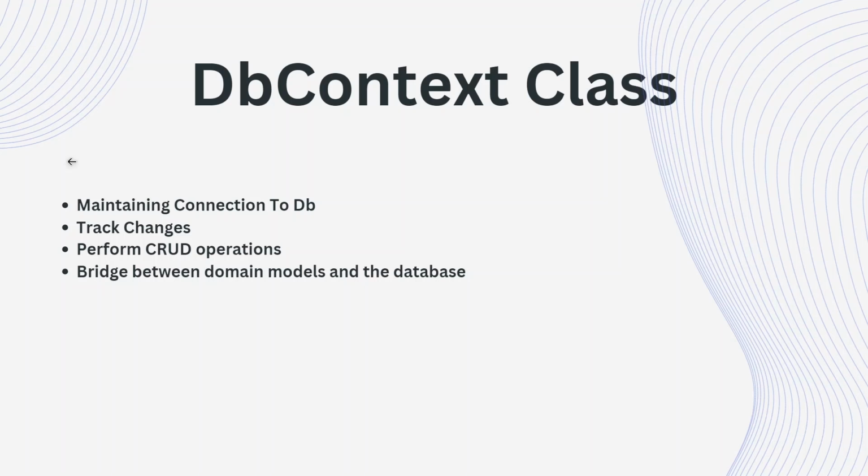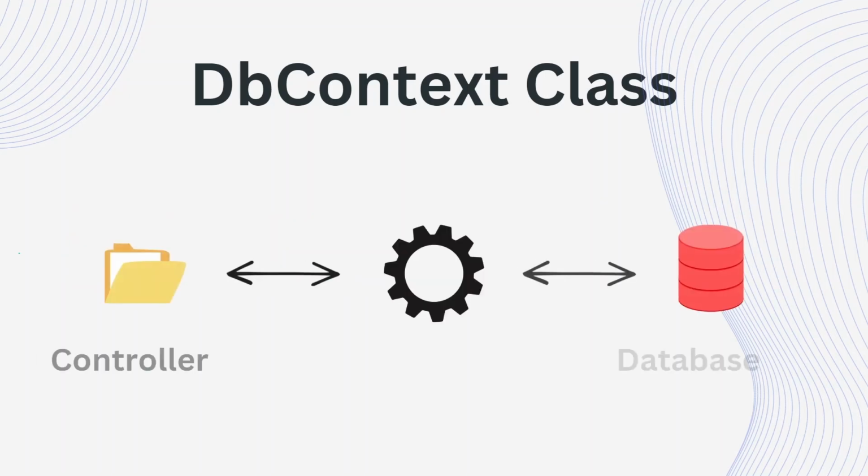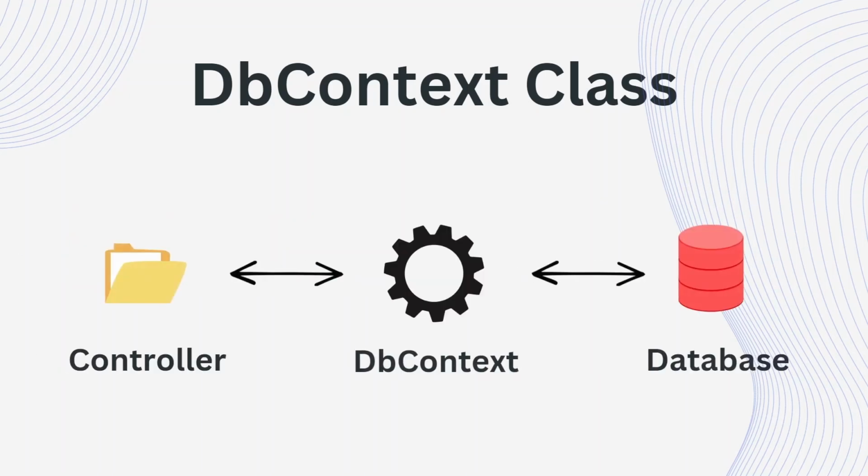It also provides a way to define the database schema using entity classes or domain classes that we just built, which map directly to database tables. So we can say that the DbContext class is a bridge between your domain model classes and the database.